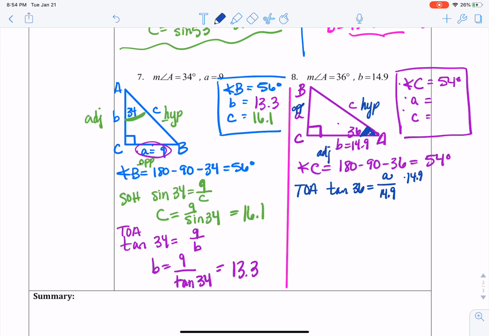Multiply both sides by 14.9, and I get that A is 14.9 times the tangent of 36, which is 10.8. So come up here to our little box and put 10.8.